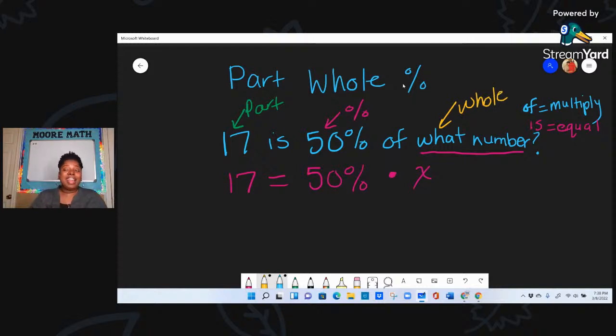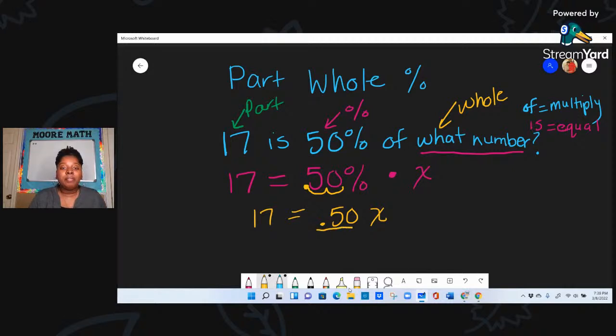Now, I don't like to multiply by percents. So we change 50%. It's a half or 0.5. So it's 50 hundredths. So half of some number equals 17. What is that number? So this is multiplication.